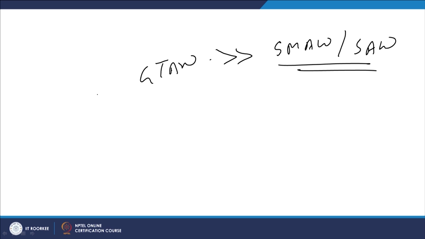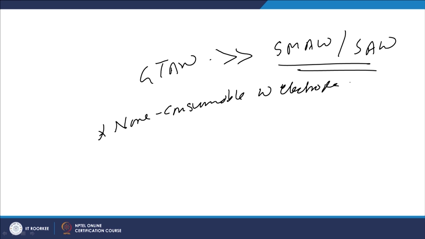However, there are some negative points associated with this process, that is, since the process uses the non-consumable tungsten electrode, which is primarily used for the striking of the arc, so that heat can be generated, and that heat is eventually used for surface modification by melting the layer of surface substrate material as well as the filler material.